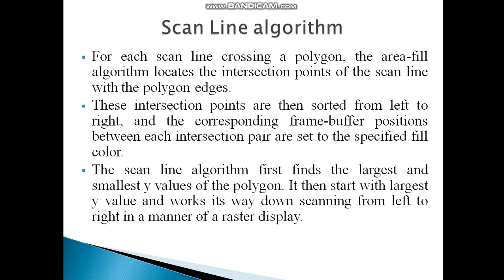After that, the scanline algorithm first finds the largest and smallest y values of the polygon. It then starts with the largest y value and works its way down, scanning from left to right in the manner of a raster display.